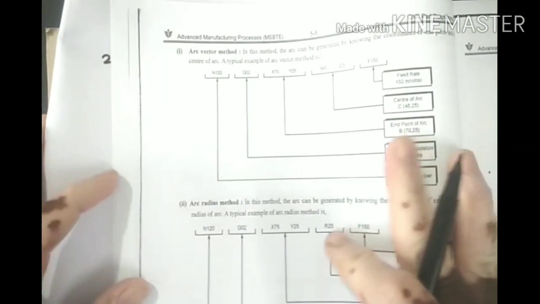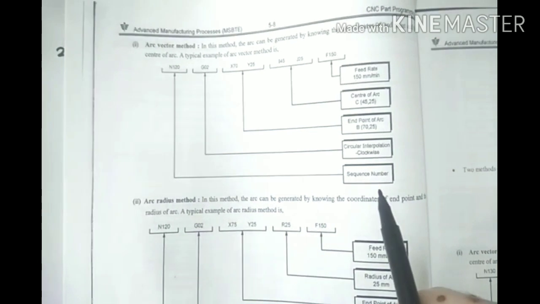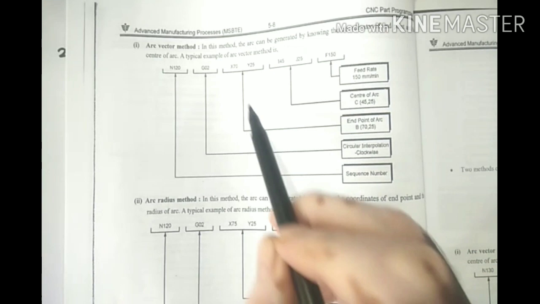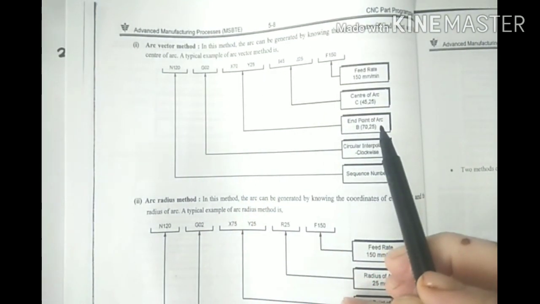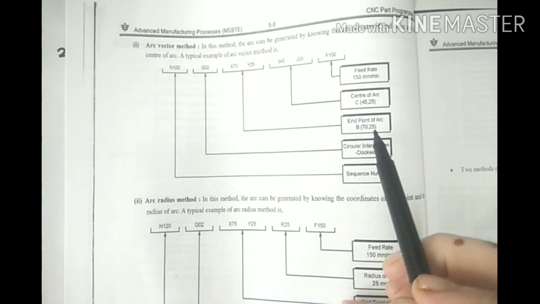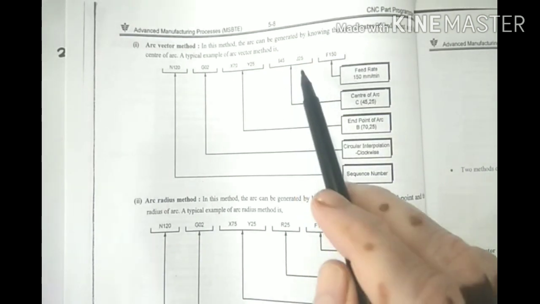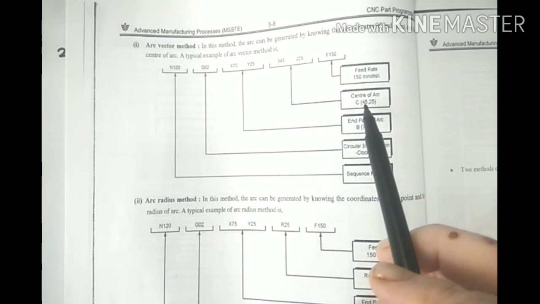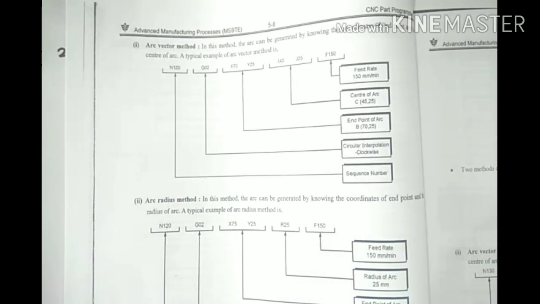Arc vector method: N120, that is the sequence number, G02, that is circular interpolation clockwise, and X70 Y25 means end point of arc 70 and 25, and I45 J25 means center of arc, means C point 45, 25, and feed rate 150.